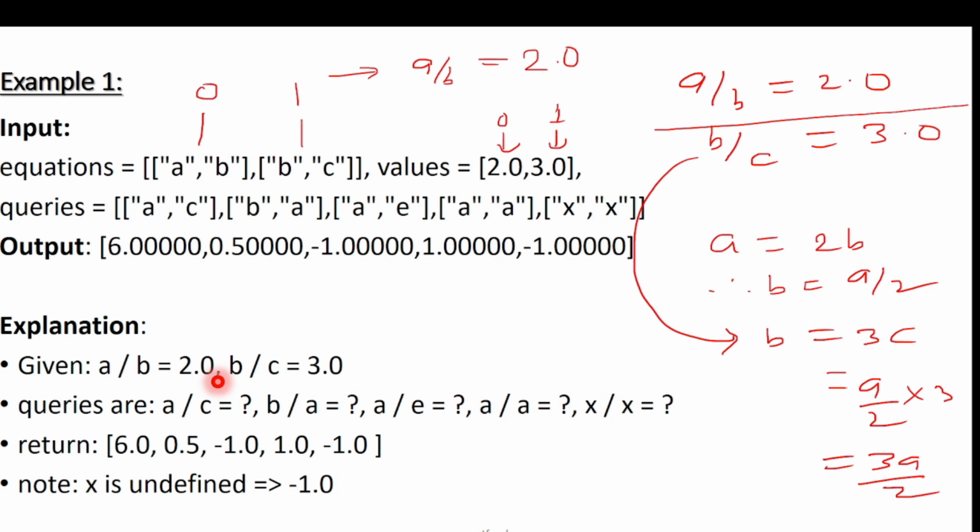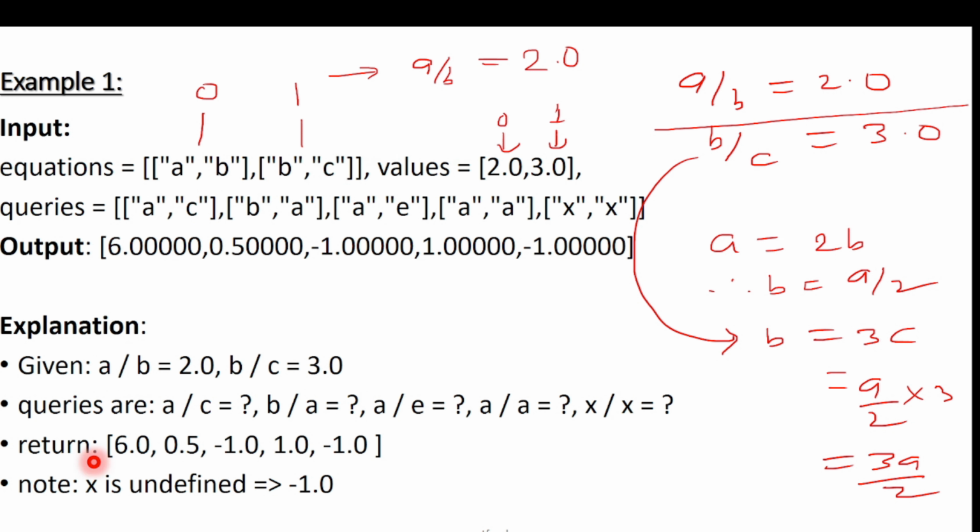Let's understand how we are calculating these queries. We are given a by b equal to 2.0 and b by c equal to 3.0. If we have given the equations as pairs, we will divide them and assign the value, as I was saying.